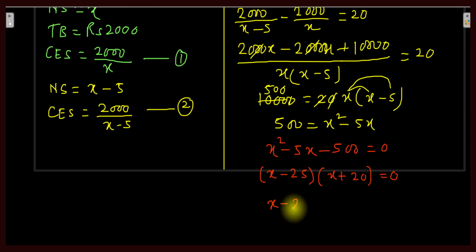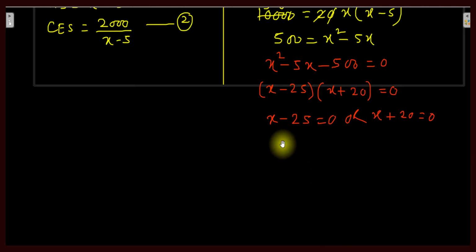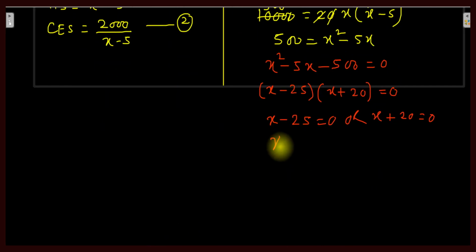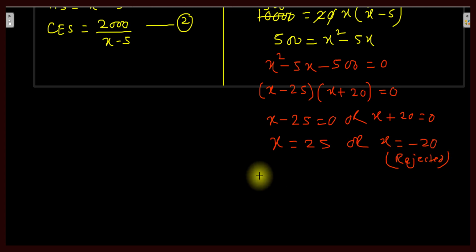So x minus 25 is equal to 0, or x plus 20 is equal to 0. Solving this further, we get x is equal to 25 or x is equal to minus 20. But x equal to minus 20 will be rejected, because x is the number of students and the number of students cannot be negative, and therefore x is equal to 25.